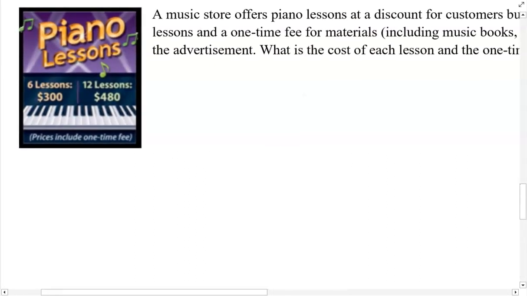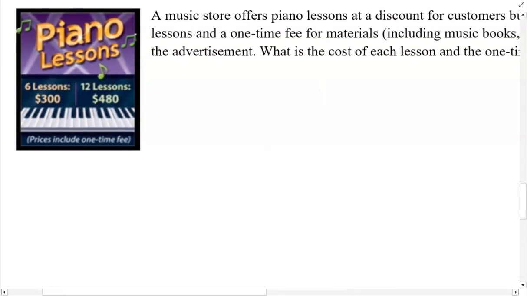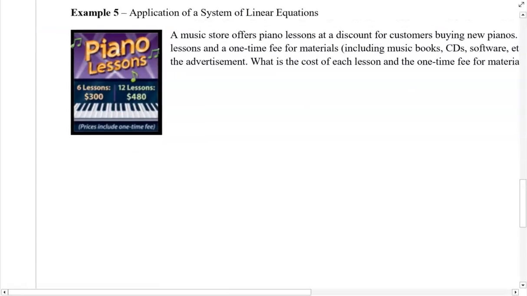And I believe once we get the equation built, then the process will be very similar to what we've seen before. So one of the things that I like to do when approaching a word problem is think about what my variables end up being. My variables end up being the unknowns in the problem, or what the question itself is asking. So we need to know the cost of each lesson and the cost for the one-time fee.